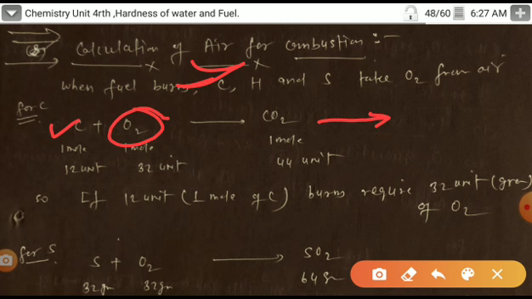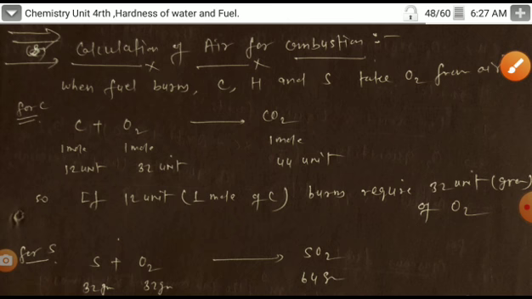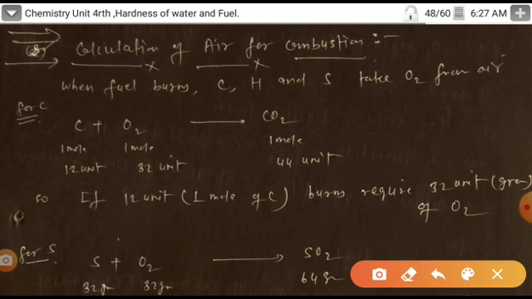So what is the molecular composition present in this equation? You can easily see here that 1 mole of carbon is present and 1 mole of oxygen is needed for a complete combustion of carbon, and also 1 mole of carbon dioxide will be formed.